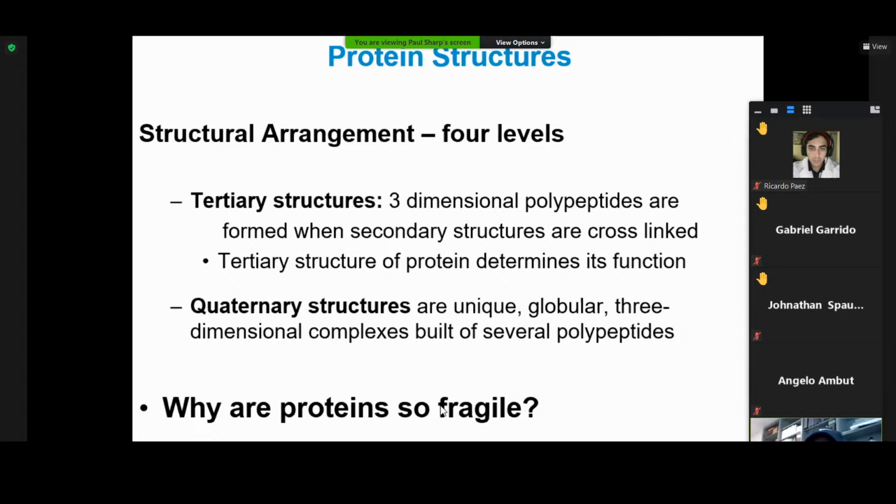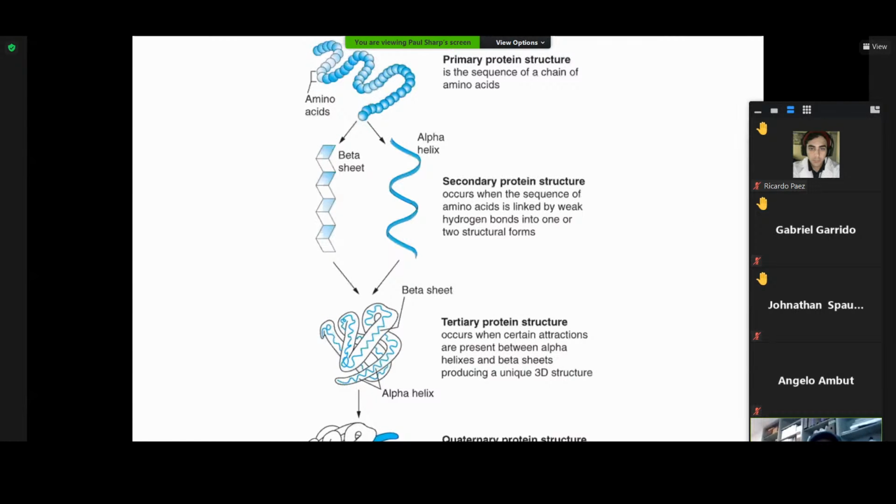And why are proteins so fragile? Because of the hydrogen bonding, because they can be easily broken. Over here, this is in our textbook, and it shows the different levels of organization of protein structure. We have our primary structure, which is just the order of amino acids within a chain of amino acids.